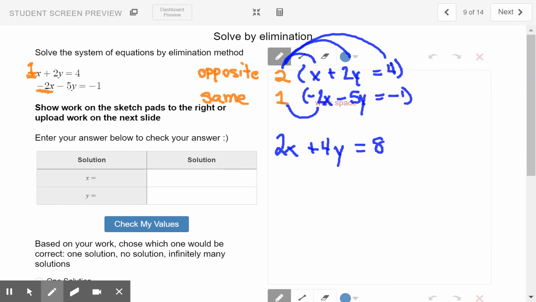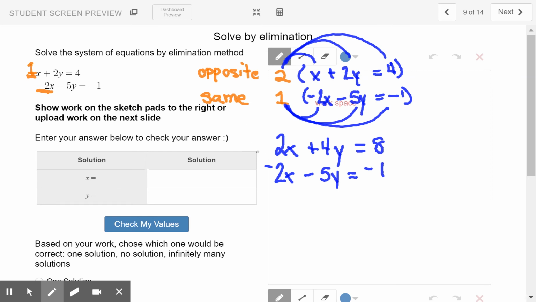And then multiply by 1. When you multiply by 1, nothing changes. Negative 2x times 1 is negative 2x. 1 times negative 5y is negative 5y. And then 1 times negative 1 is negative 1.